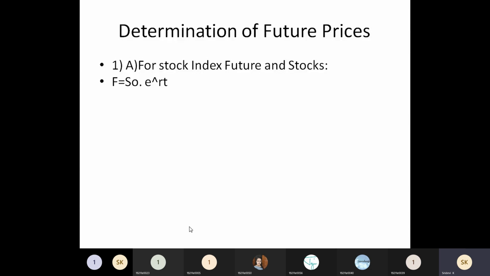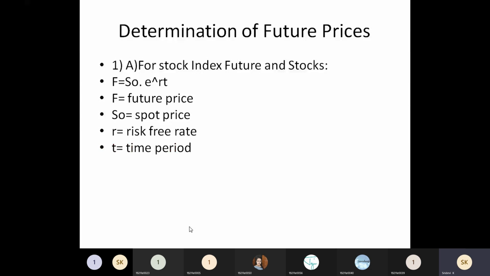Can you tell me now the abbreviations? What does F stand for? S naught is the spot price, R is the risk-free rate, T is the time period.